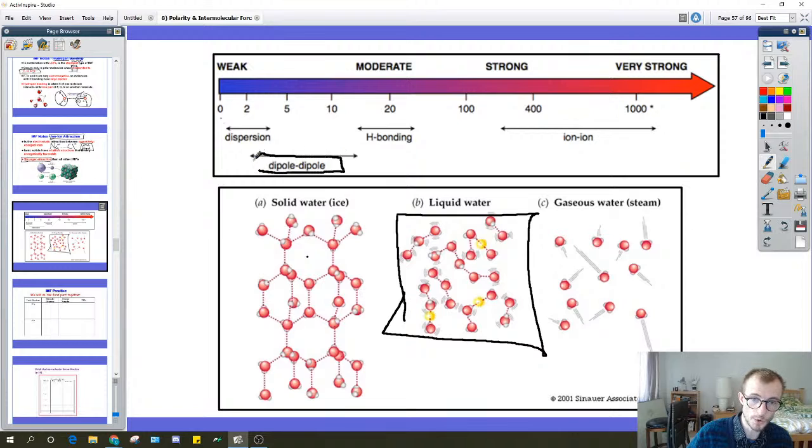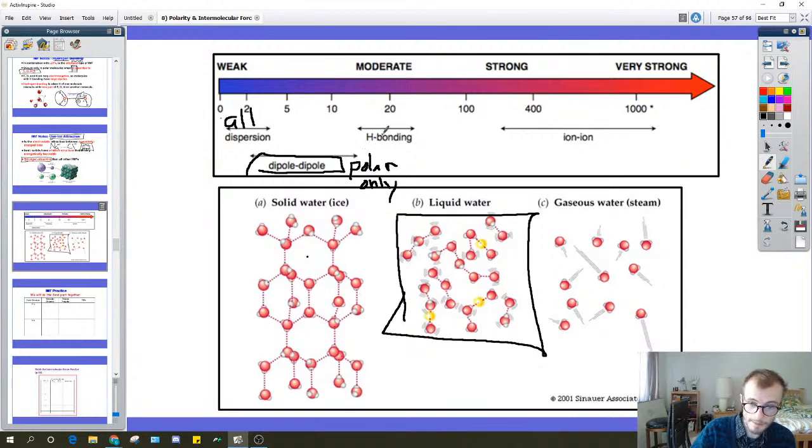Dipole-dipole interaction, that's only for polar molecules, whereas dispersion is all. So if I was a polar molecule, I would have both dispersion forces and dipole-dipole interactions.